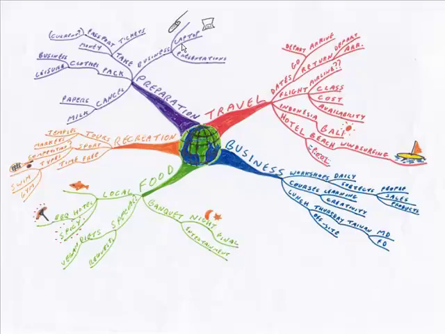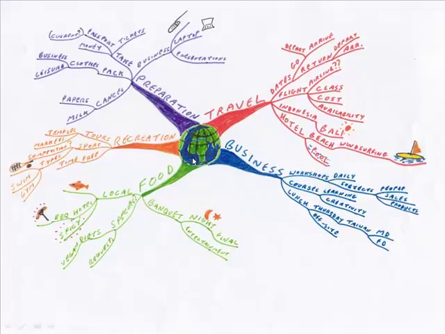This is a mind map about a business trip. The purpose of the map is immaterial for this exercise. This is a worldwide business trip, traveling to the other side of the world, so we used an image of the globe initially to form the center point of the mind map.